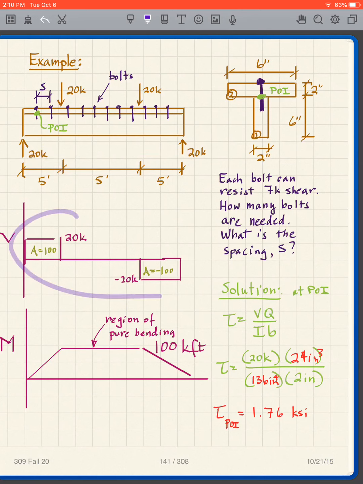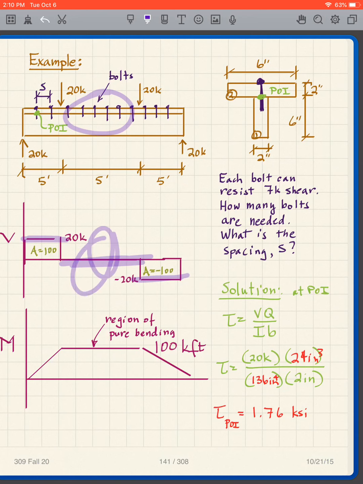Well, I look at my shear diagram and figure out where the shear is maximum. Either up here or down here is where it's a maximum. There's no shear here, so to be honest, in this region we don't really need any bolts for shear resistance because there is no shear. Tau is 0, but we're just assuming that we're going to space everything equally anyway. It just keeps it simple.